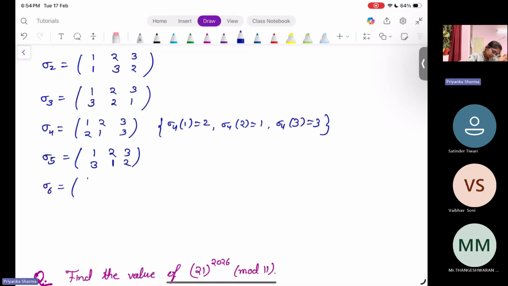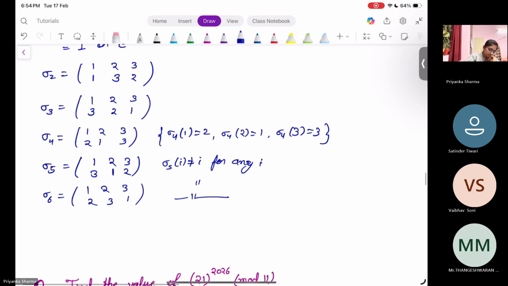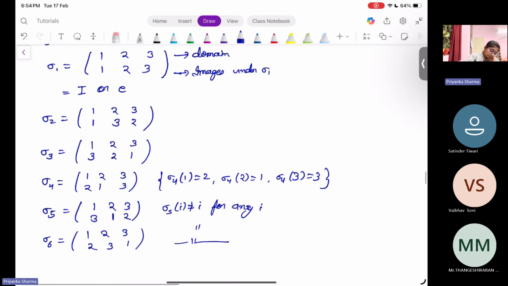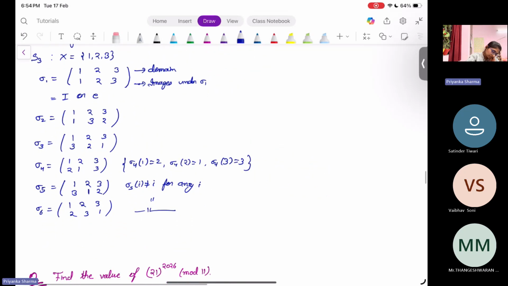So here sigma 5 of i is not equal to i for any i, and the same holds for the permutation sigma 6. So these are the only possible 6 permutations for this set X. We cannot have another permutation.